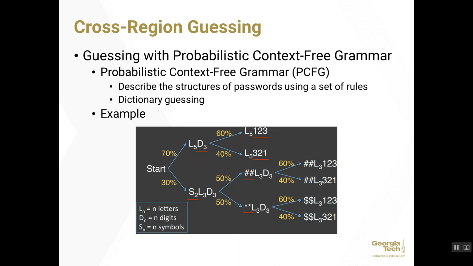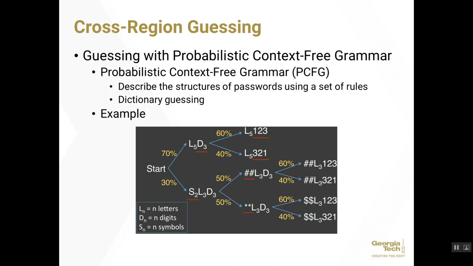There is an example. Since the rules are generated from the training set, for example, the passwords from the training set have two structures. 30% of the passwords have 5 letters and 3 digits, represented by L5D3, and 30% of the passwords have 2 symbols, 3 letters, 3 digits, represented by S2L3D3.